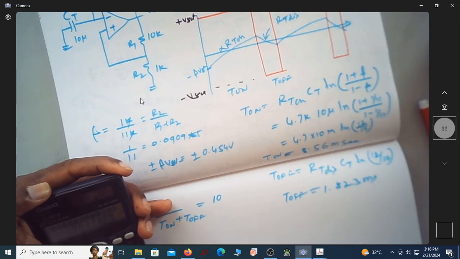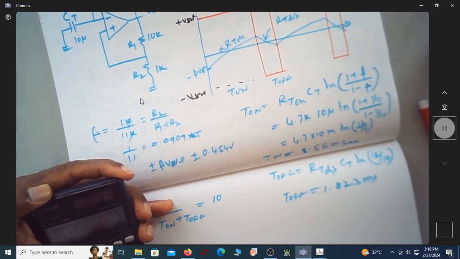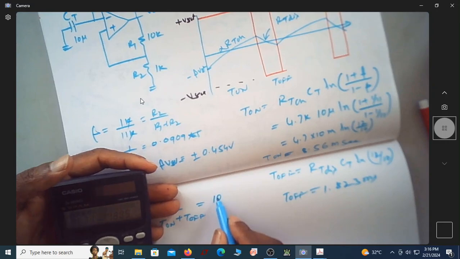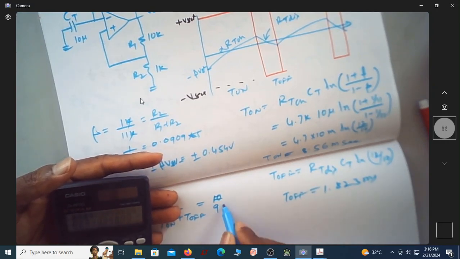Add this, and 1 over that is 96.31 hertz.